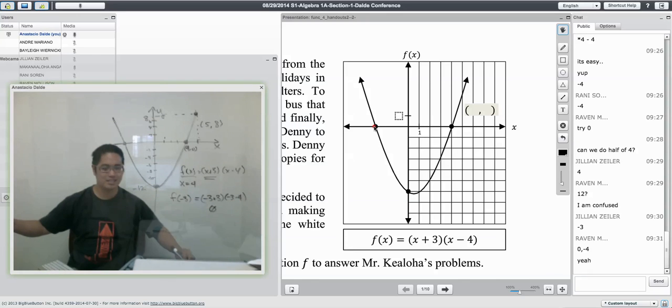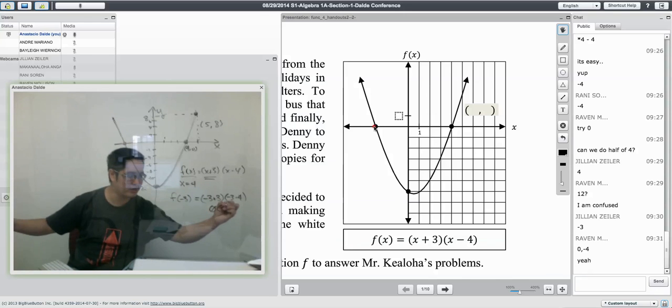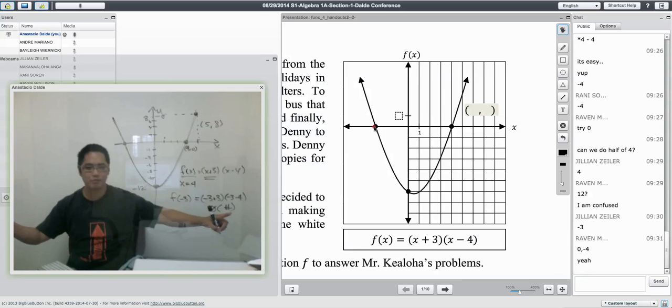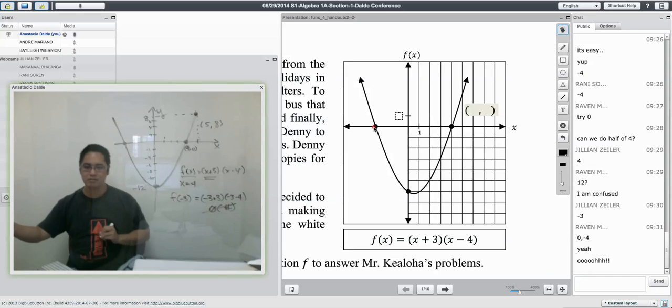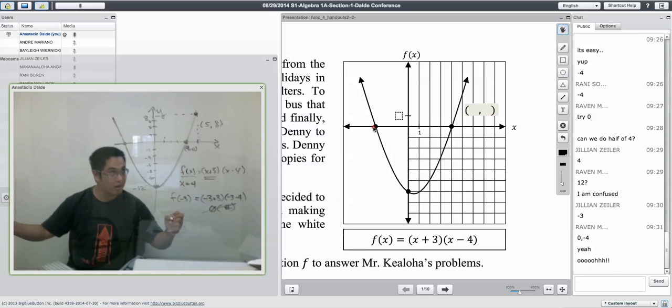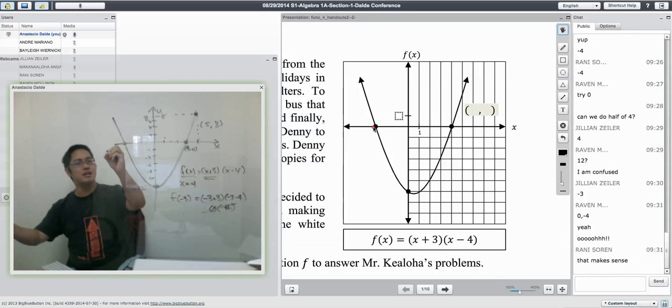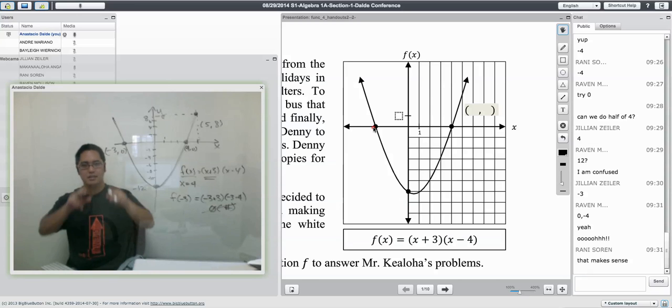It doesn't even matter what the rest of that is, because if you have 0 times any number, it's 0. So yes, Jillian, absolutely. Our other coordinate is negative 3, comma 0. This is the coordinate of our x-intercept. Negative 3, comma 0. The other one is 4, comma 0.